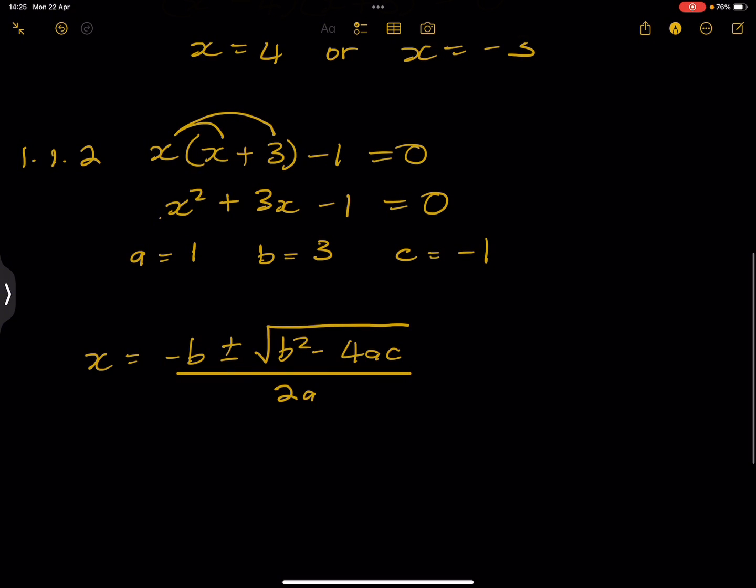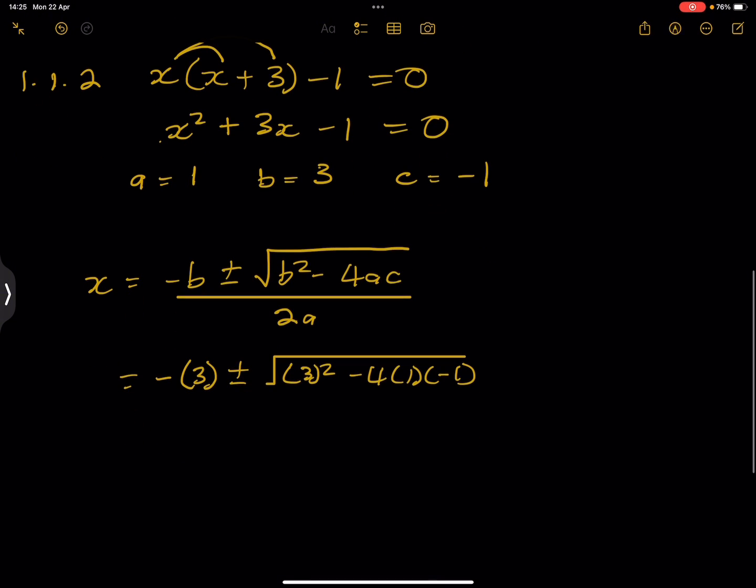Now let's substitute: minus positive 3 plus or minus the square root of 3 squared minus 4 times our a value, 1, times negative 1, our c value, divided by 2 times 1.